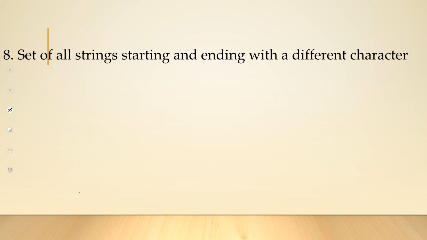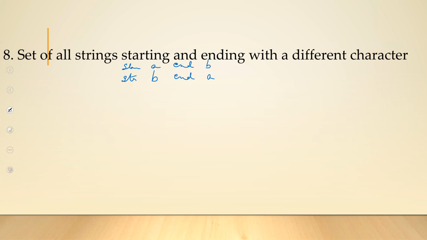Now we'll go for a bit more different one: all strings starting and ending with a different character. Starting and ending with a different character means that if it starts with A, it should end with B. If it starts with B, it should end with A. Because that's what the question is, starting and ending with a different character.